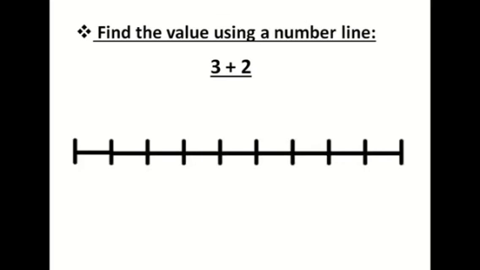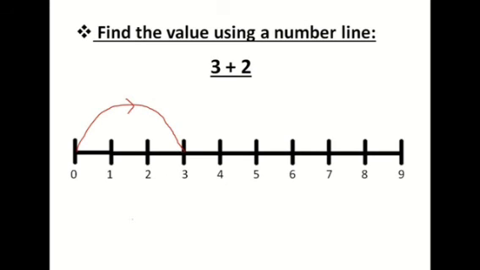Here I have drawn a number line. Now you have to take 3 steps from 0 and from 3 another 2 steps. Okay, and check finally where you have landed. That will be the value for 3 plus 2. So you can see here I have taken the first 3 steps.